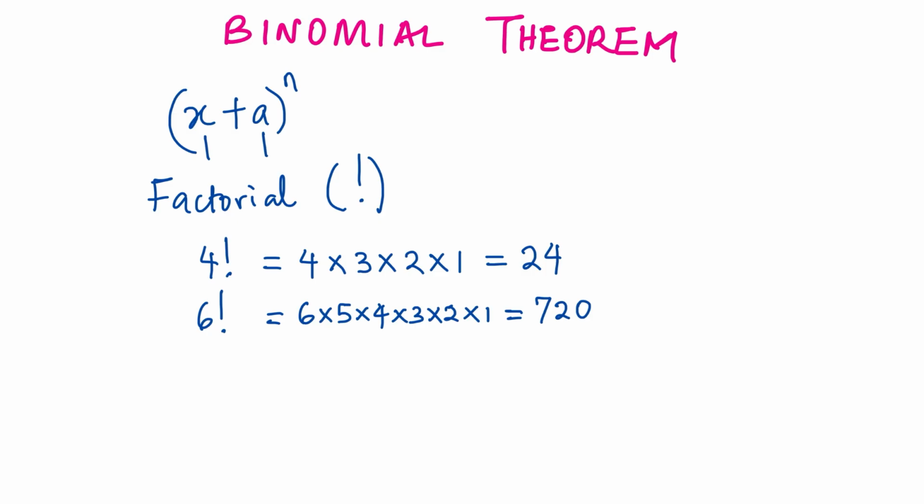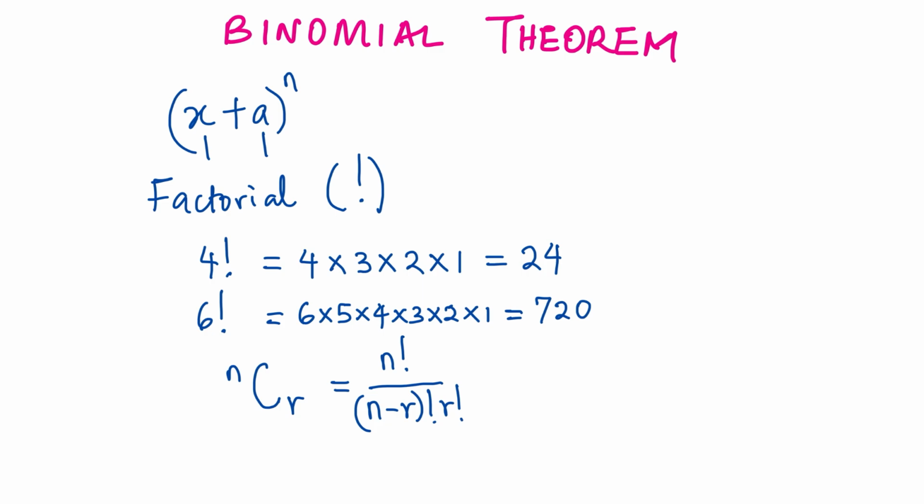So each expression is actually n combination r. And n combination r is n factorial divided by n minus r factorial times r factorial.